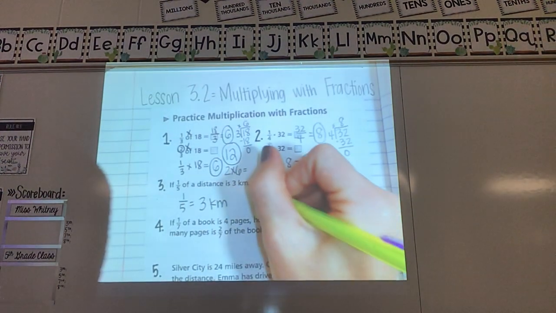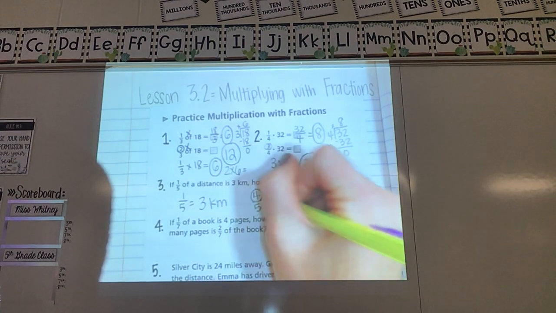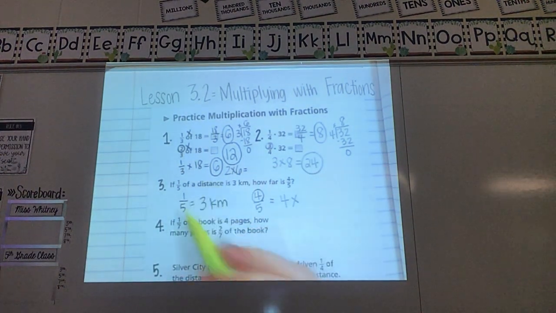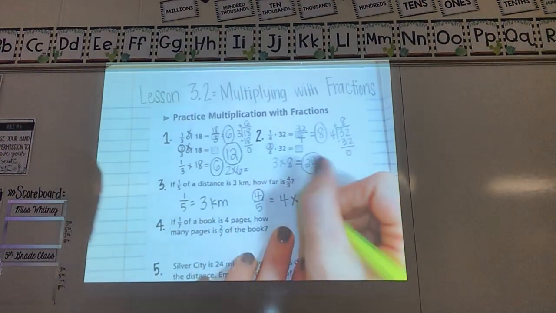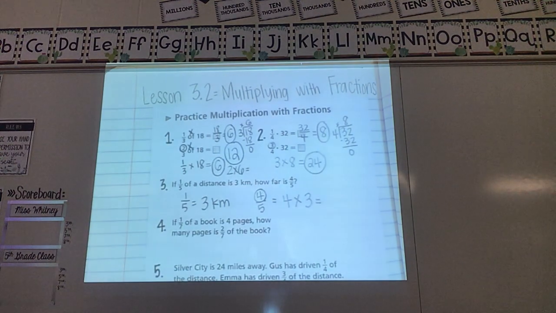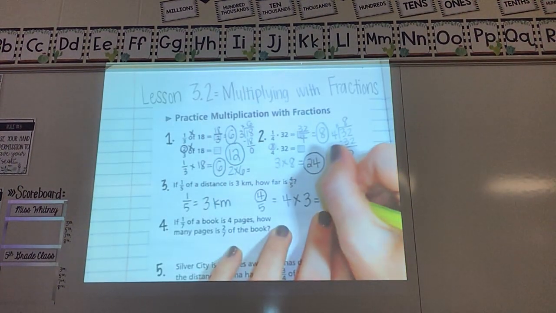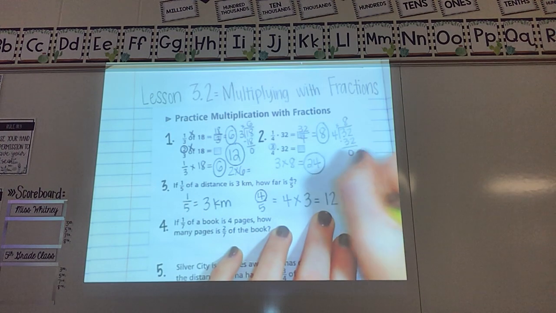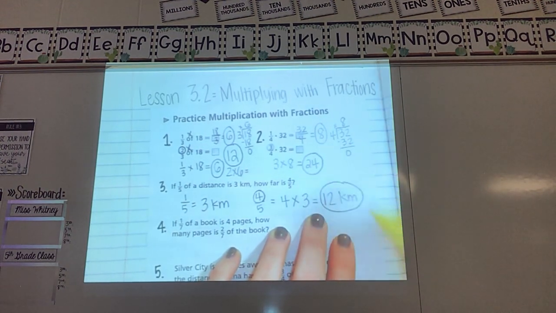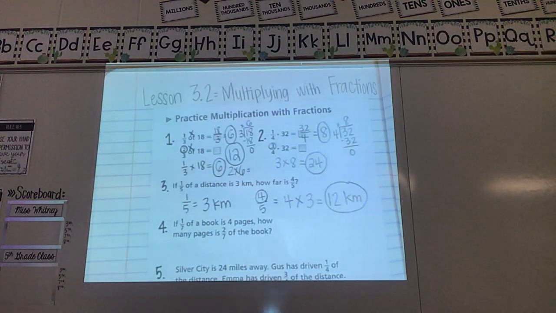Well, to do that, I'm going to take my top number, which is a 4, and I'm going to times it by the answer that I got for 1/5. So I know 1/5 was 3 kilometers. I'm going to take 4 times 3. What is 4 times 3? That is 12 kilometers. Pretty quick when we use that trick that I taught you. 12 kilometers.